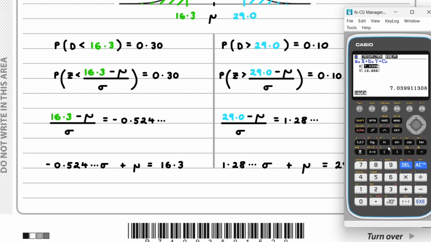And if we solve these, what you will find is sigma equals 7.0, etc. and mu equals 19.9, etc.